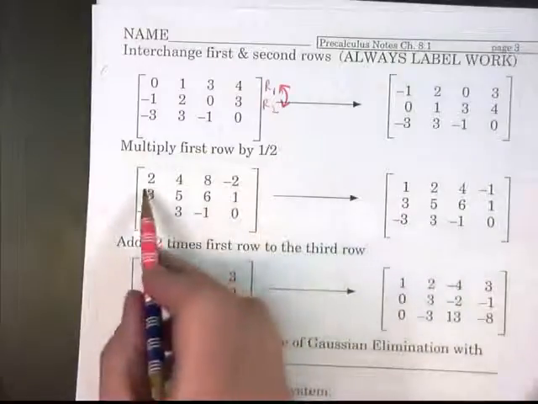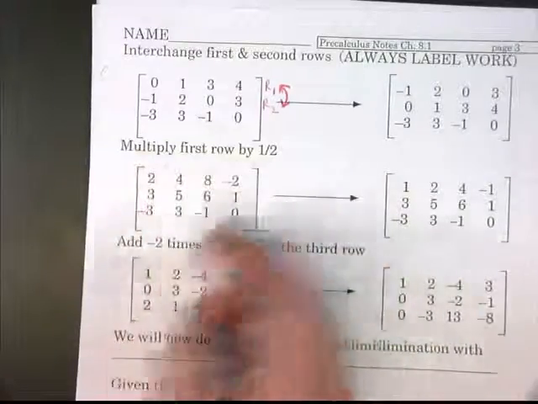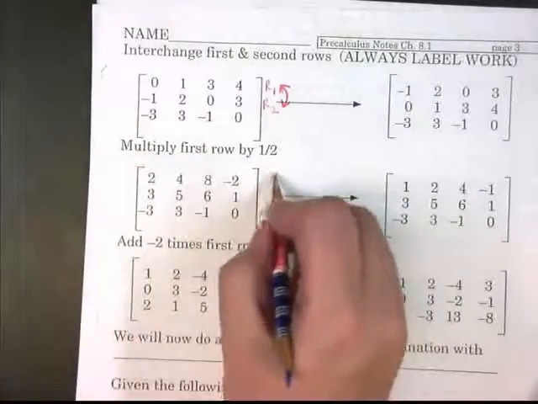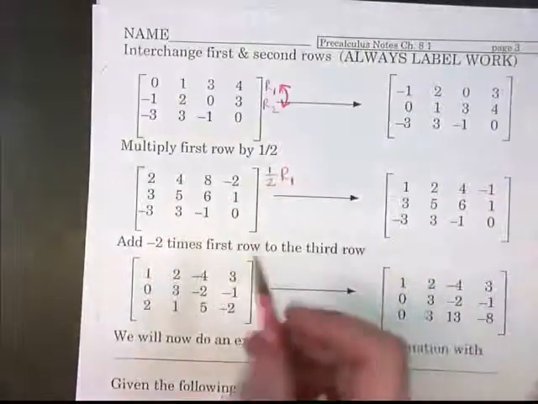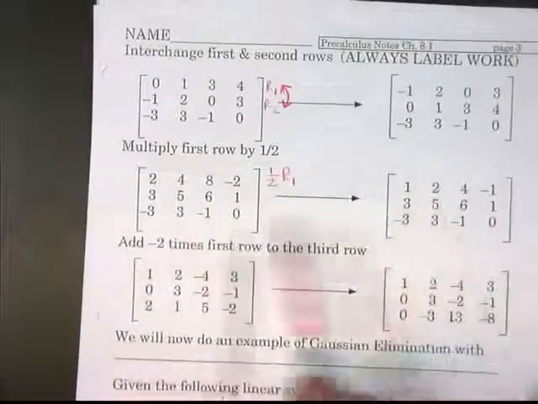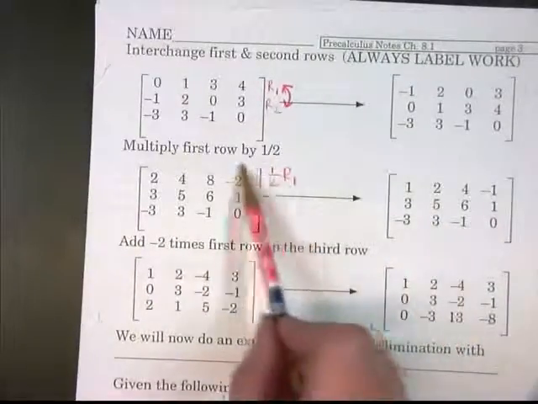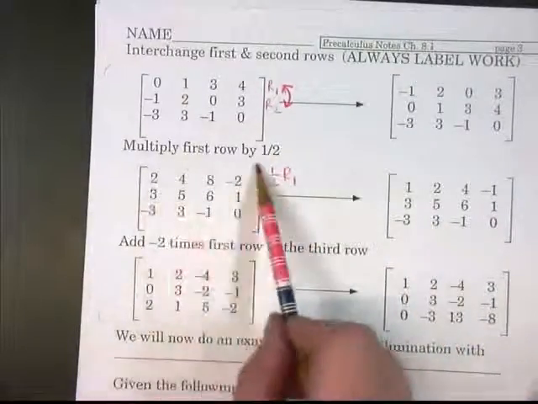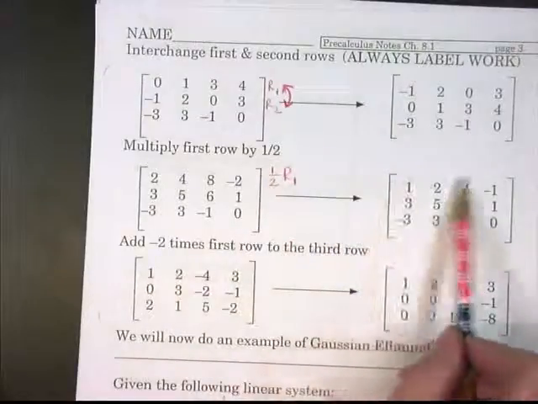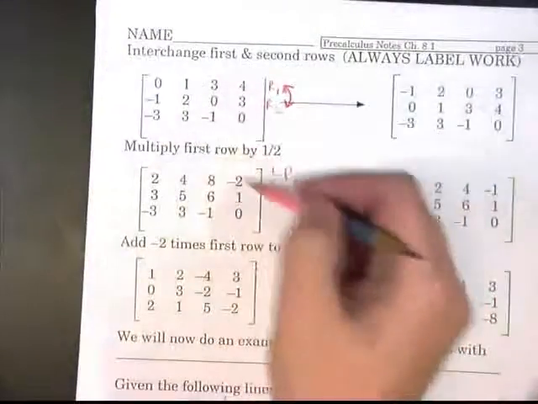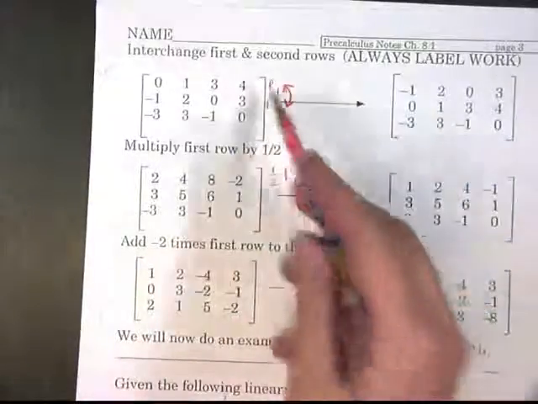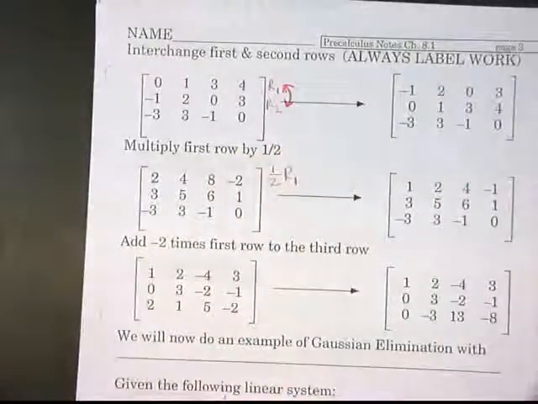Here I have my first matrix, and I'm going to take half of row 1. Notice row 2 stays, row 3 stays, and row 1, I take half of it, and that's my new solution. This is going to be the rule that we use.